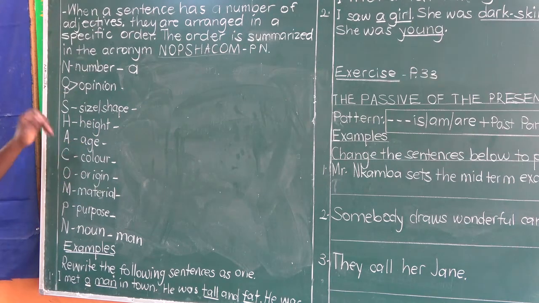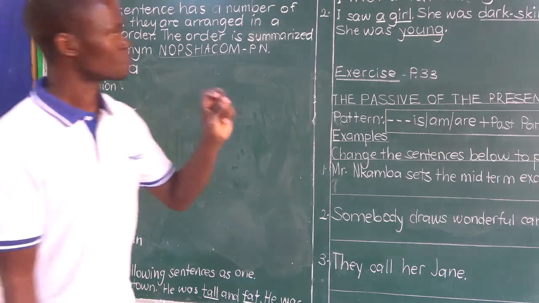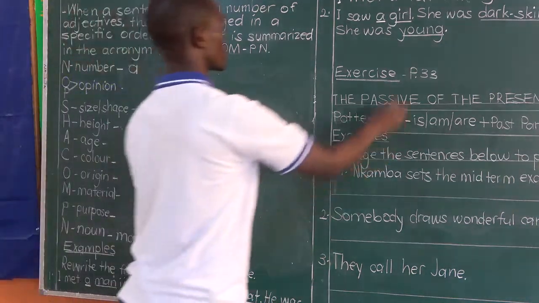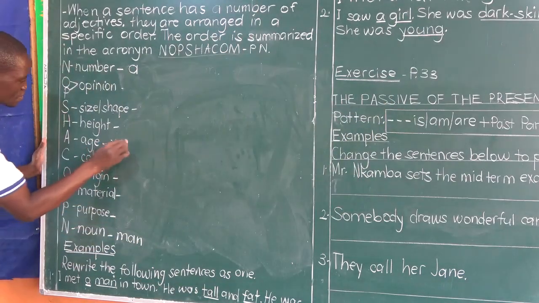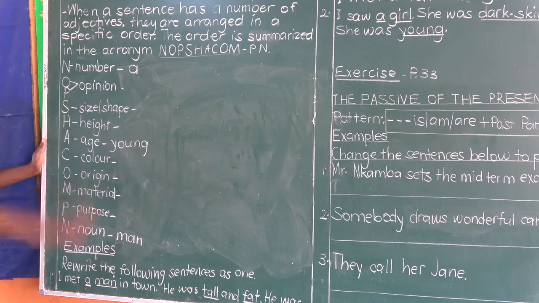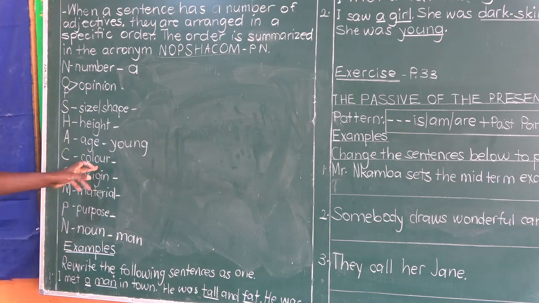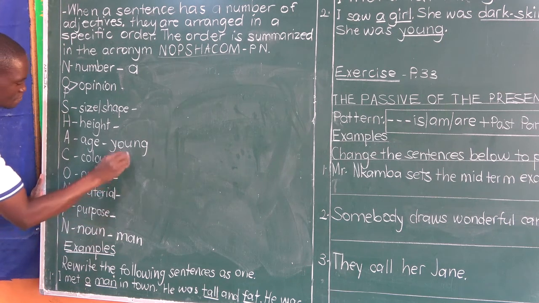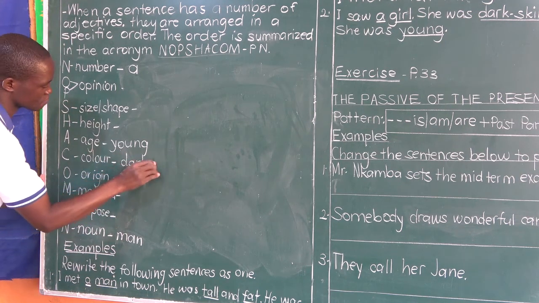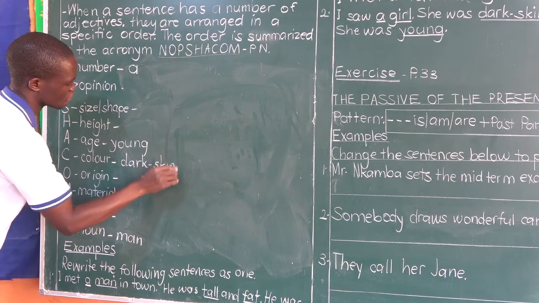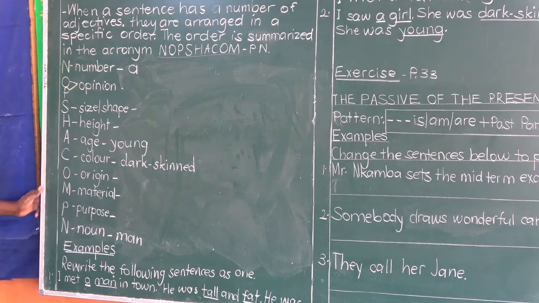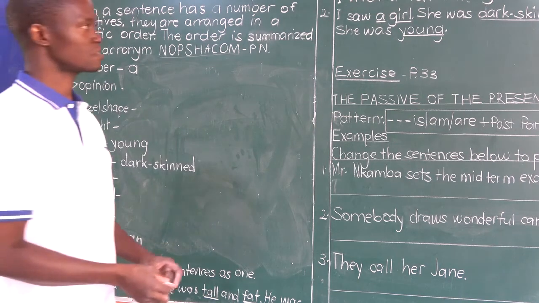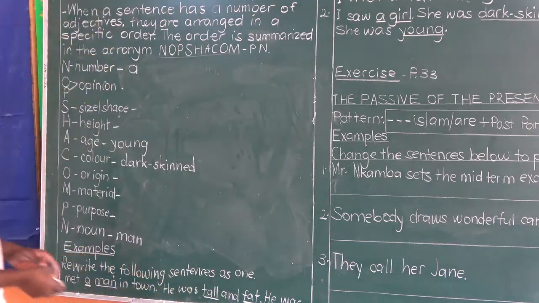Next is age, girls, skin, young must be our adjective of age. So, young falls here. Color. Yes, I've seen the color. And that is dark-skinned. Or is hyphenated where it is required. Where the hyphen is provided, do not forget to use it.